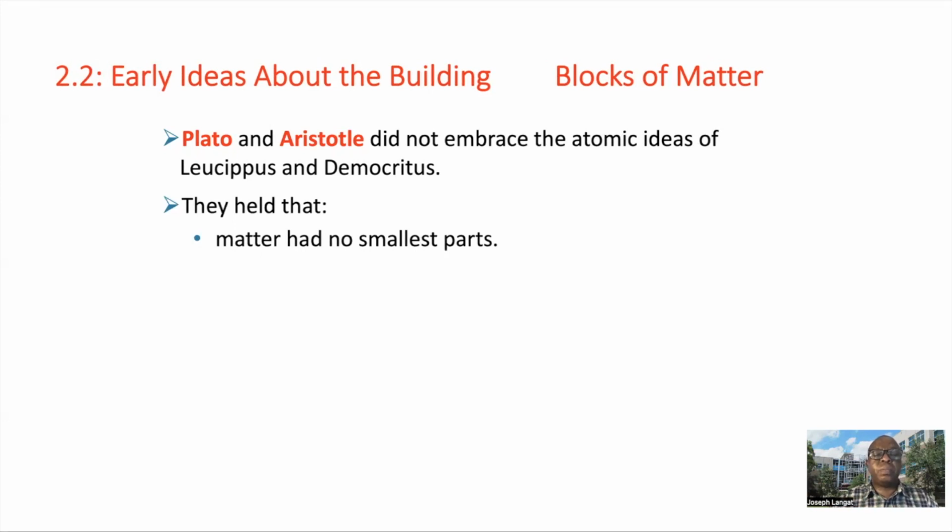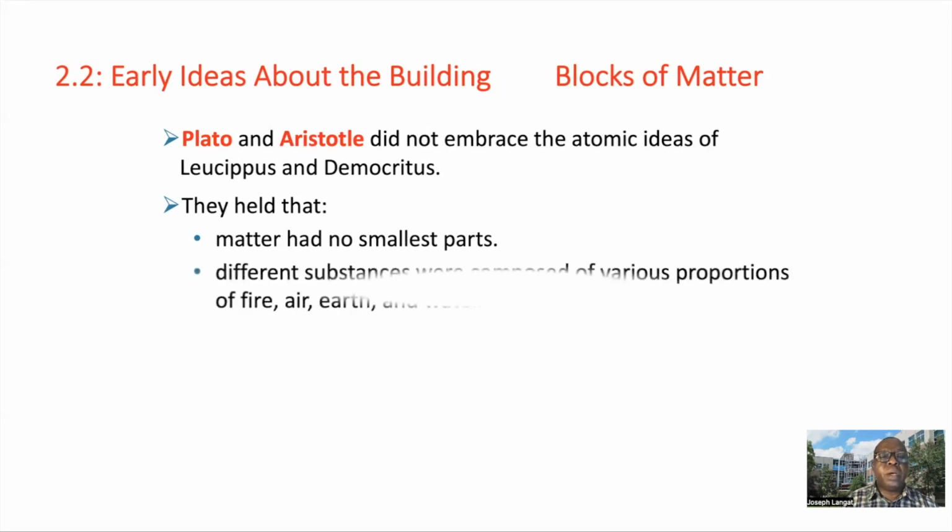In this case, think of it that there were two schools of thought. One believed that there is no dead end if you subdivide matter, and the other believed that there is a dead end. Aristotle and Plato believed that there is no dead end. We will see who is going to prevail. The two believed that different substances were composed of various proportions of fire, air, earth, and water.